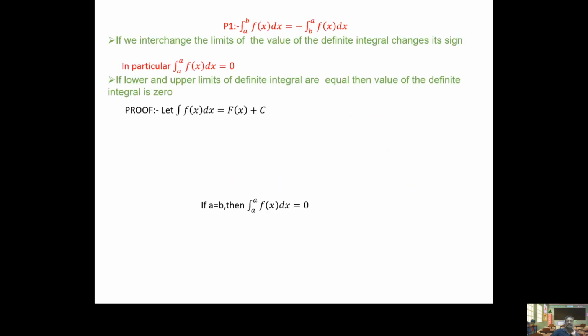Second property: integral a to b f of x dx is equal to minus integral b to a f of x dx. If we interchange the limits of the definite integral, then it will change its sign. In particular, integral a to a f of x dx is 0.